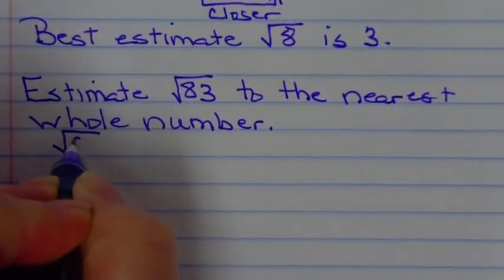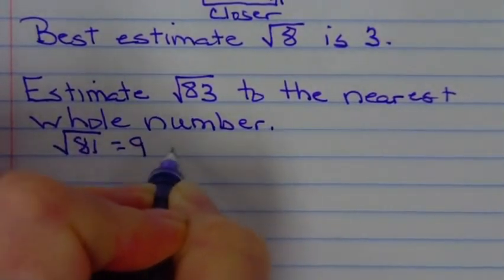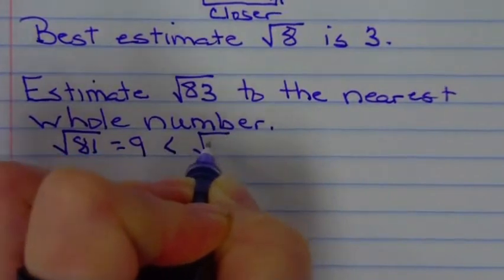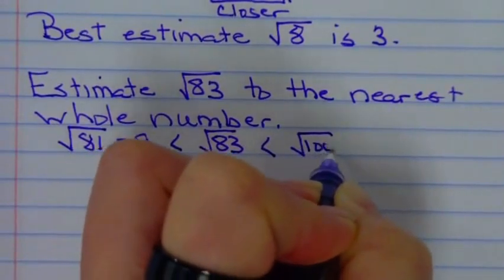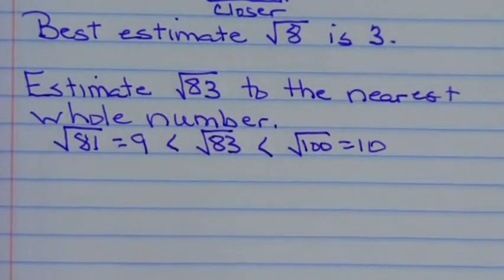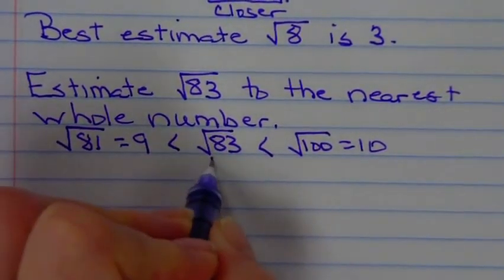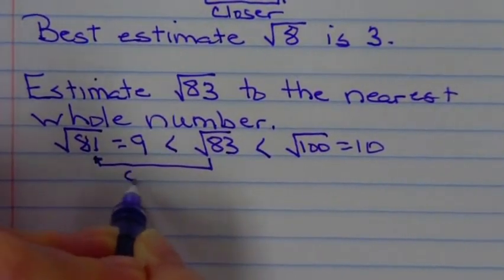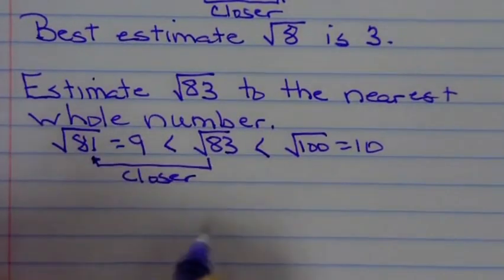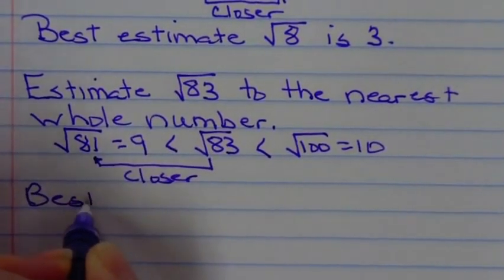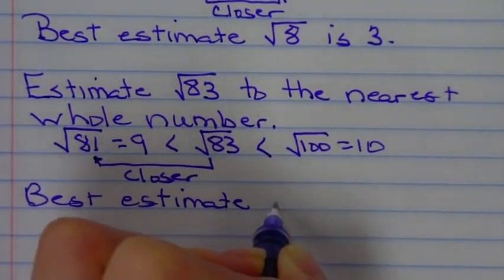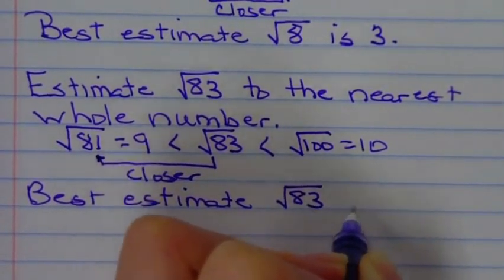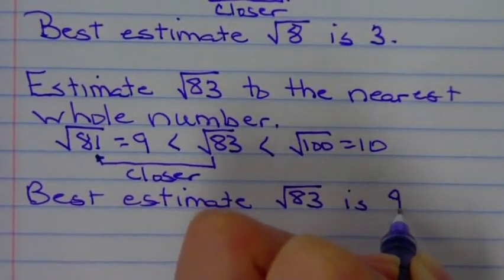So we've got the square root of 81 equals 9, and that is less than square root of 83, which is less than square root of 100, which equals 10. Which one of those two numbers is it closer to? It is closer to 81. So the best estimate for square root of 83 is 9.